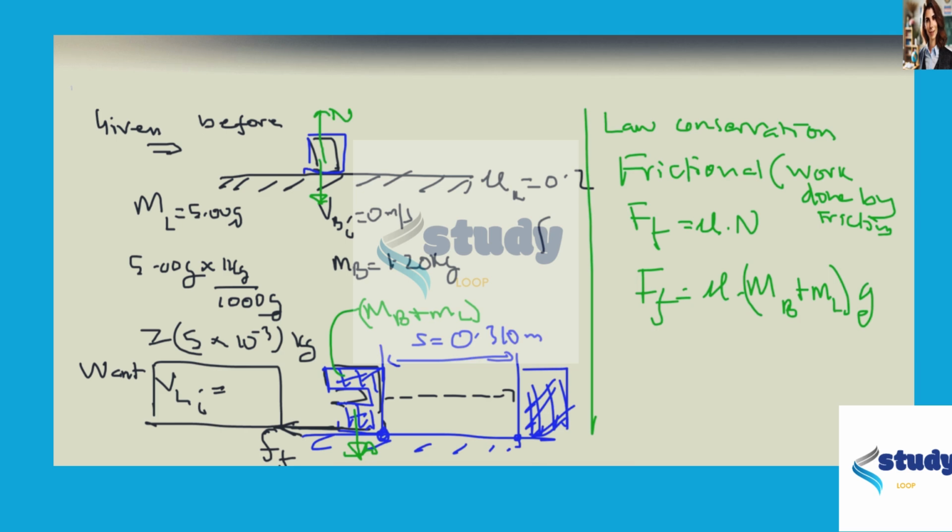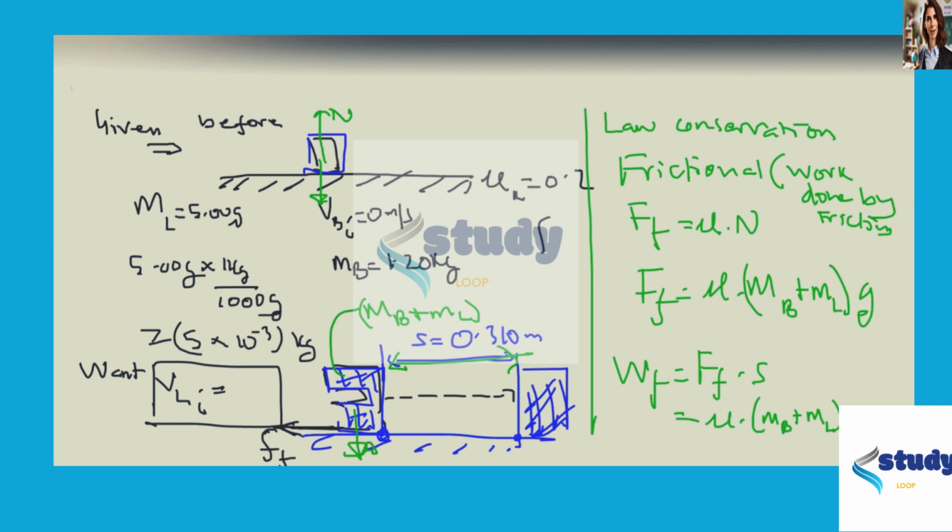And then on top of that, we want to find the work done by friction, and that's just the frictional force times the displacement, this S displacement right here. And so the work done by friction is mu times (m_B plus m_L) g times S. That's the work done by friction.